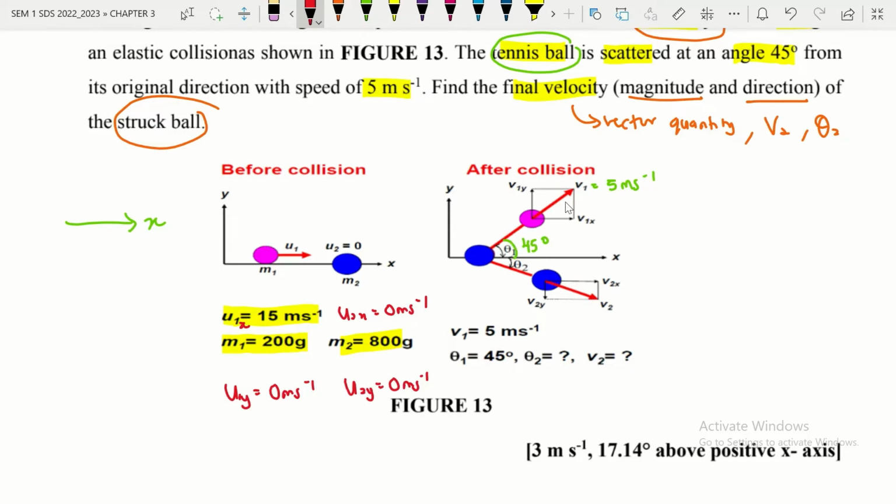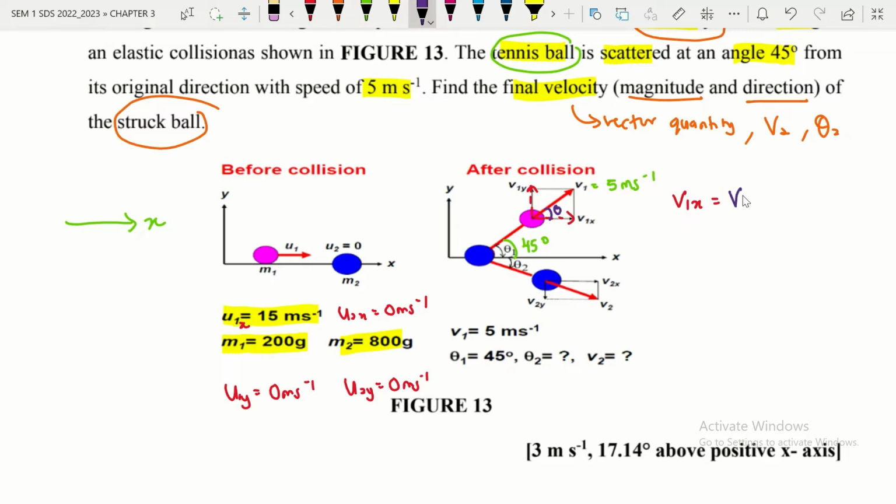And then after collision, kita memang dah tahu the tennis ball, dia make an angle of 45 degree. Bila make an angle, meaning we need to resolve it. So kita akan ada V1X, kita resolvekan dia kepada V1X dan juga V1Y. So as we know, kalau kita resolve V1X, kita tahu angle dia berada pada paksi X. So bila angle berada melekat pada paksi X, X adalah champion, C champion akan represent cos.